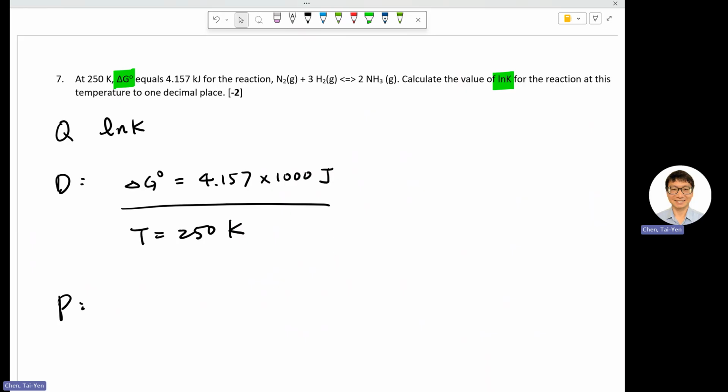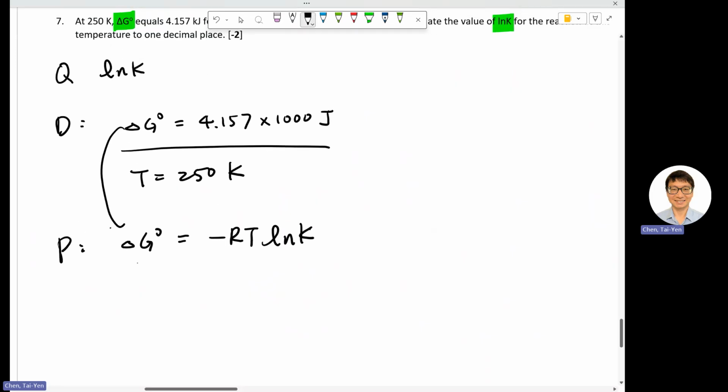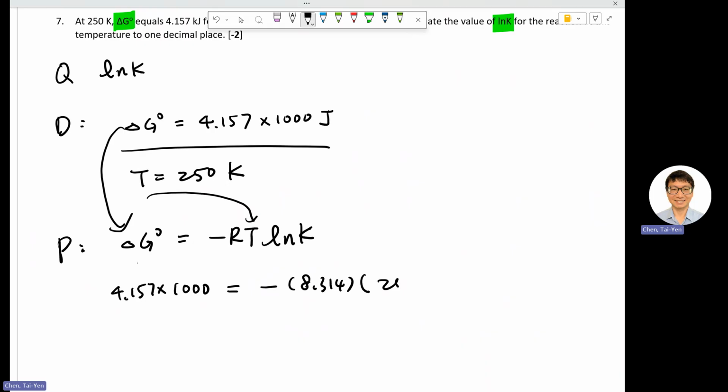Previously we keep saying that delta G naught equals negative RT natural log K. You've got this term, you've got the T. R in this chapter is always 8.314. So 4.157 times 1000 equals negative 8.314 times temperature 250 times natural log K. Therefore, natural log K simply equals 4.157 times 1000 divided by negative 8.314 times 250.